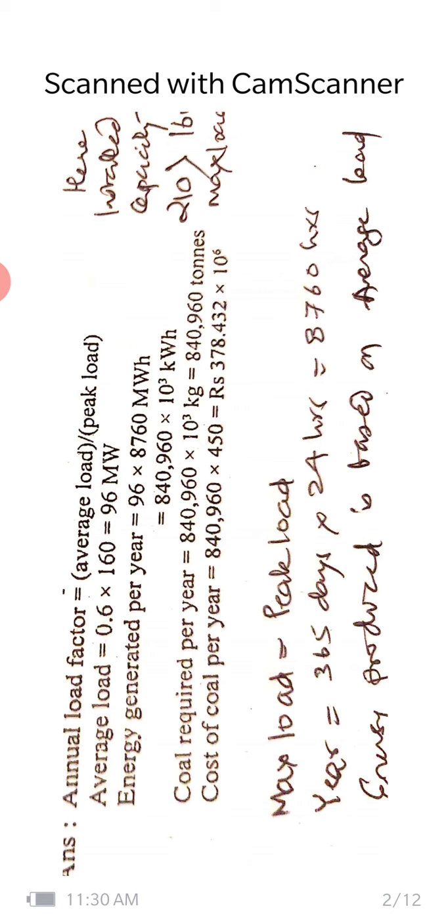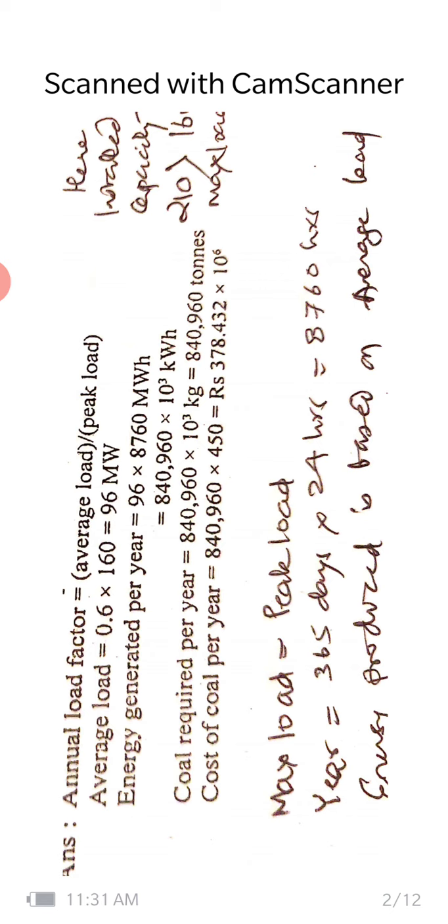Next, energy generated per year. So energy generated per year is the average load, that is 96 megawatt into 8760 hours. Okay, so this megawatt into hours will become megawatt hour, MWH. That is nothing but 8,40,960 into 10 raised to 3 kilowatt hour.